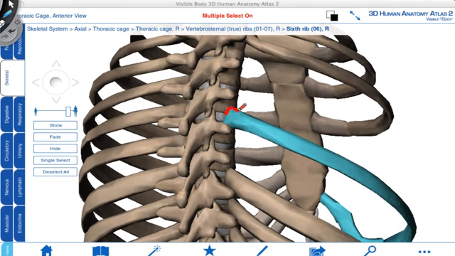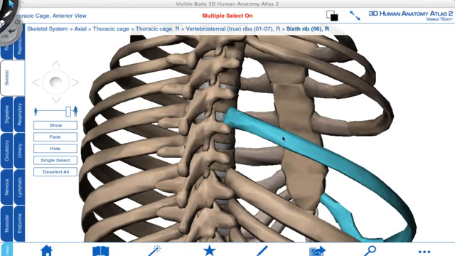Here we have the superior articular facet, and down here is the inferior articular facet, or would be here. And the superior one articulates with the inferior costal facet on the vertebrae above it, and the inferior articular facet articulates with the superior costal facet that has the same specific number as the rib.